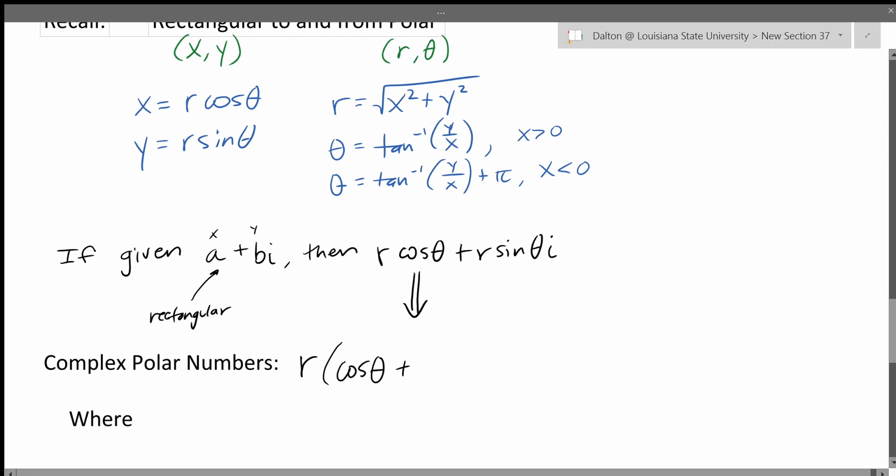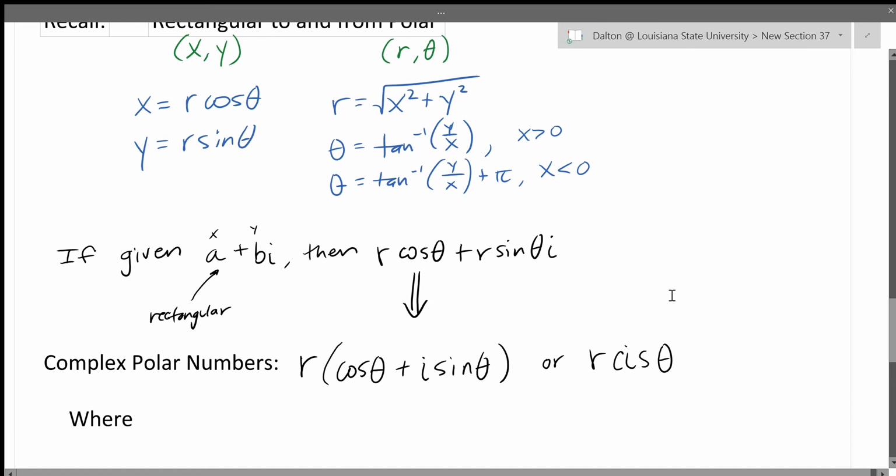So r times cosine theta plus i sine theta. This is a complex polar number. Or sometimes you may see this written as an abbreviation, r cis theta. It's just a shorthand way of writing cosine plus i sine theta, but you could write it like this instead.